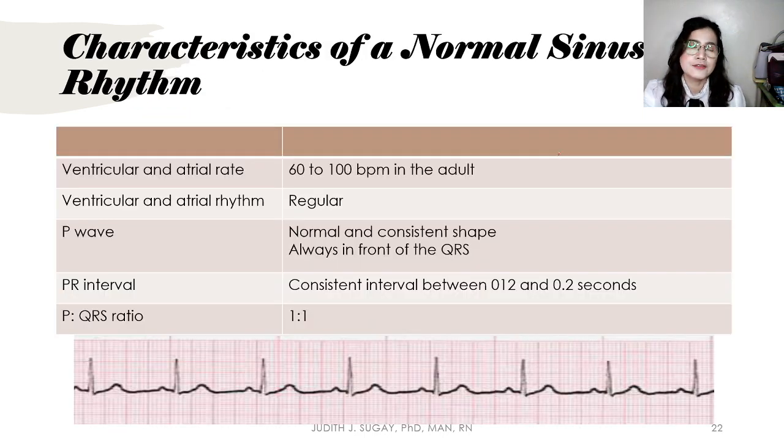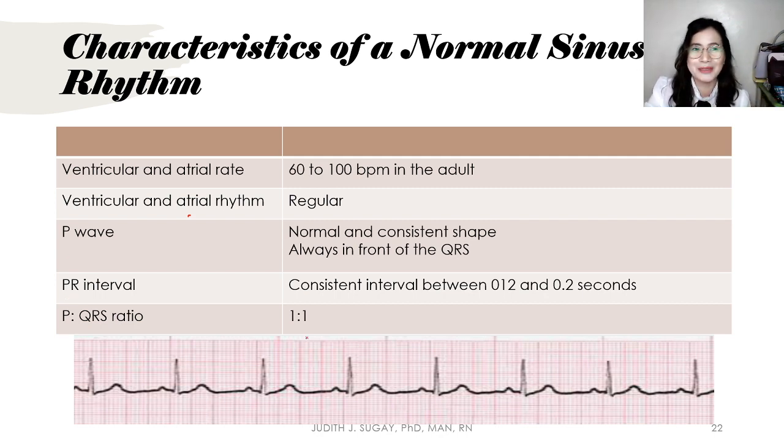So we have here the characteristics of normal sinus rhythm. The ventricular and atrial rate should be between 60 to 100 beats per minute in the adult, with regular ventricular and atrial rhythm. The P wave is normal and consistent in shape. It's always in front of the QRS, before the QRS.